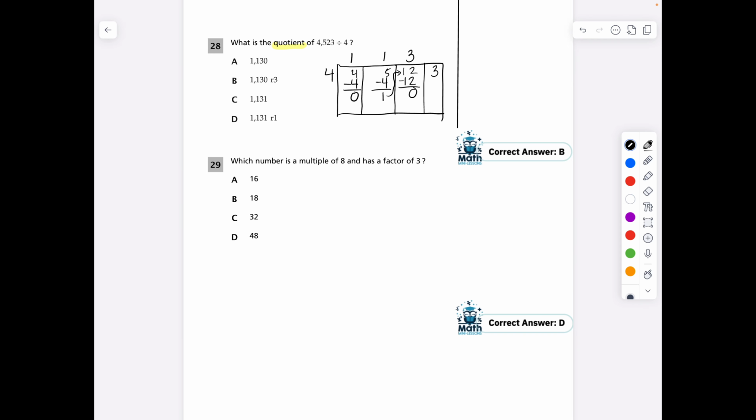So when I have nothing to take to the other side, how many 4s can I take out of 3? None. So my remainder is just 3, because I can't take anything out of there. And that's it. My answer is 1130. Notice I had to put that 0 up there. 1130 with a remainder of 3.